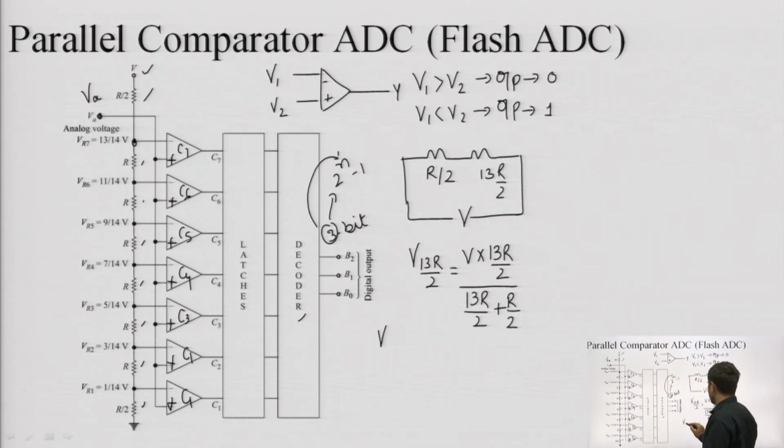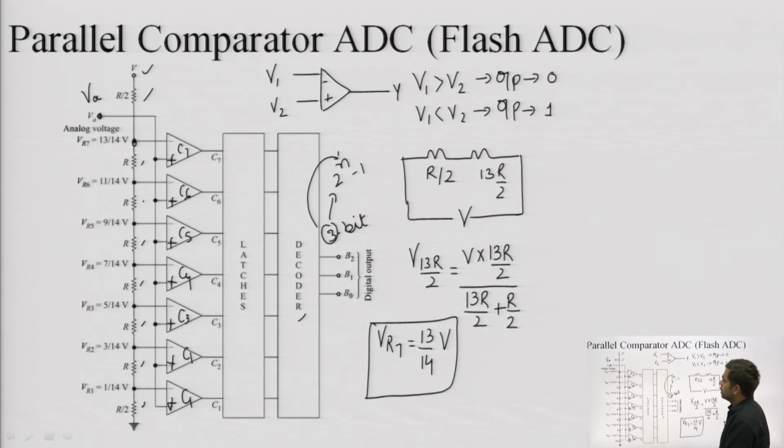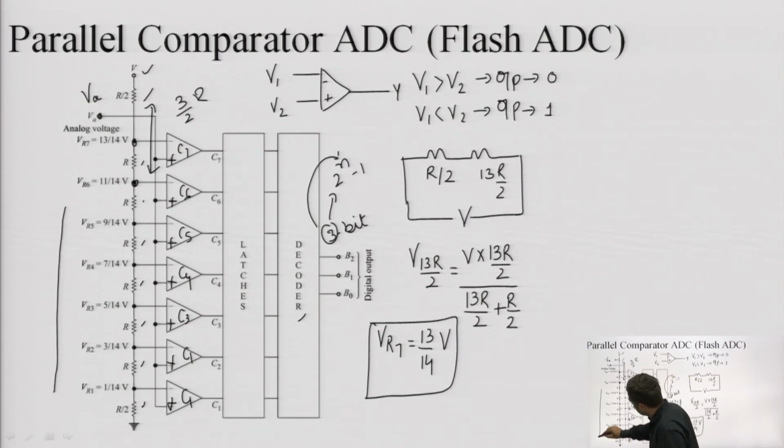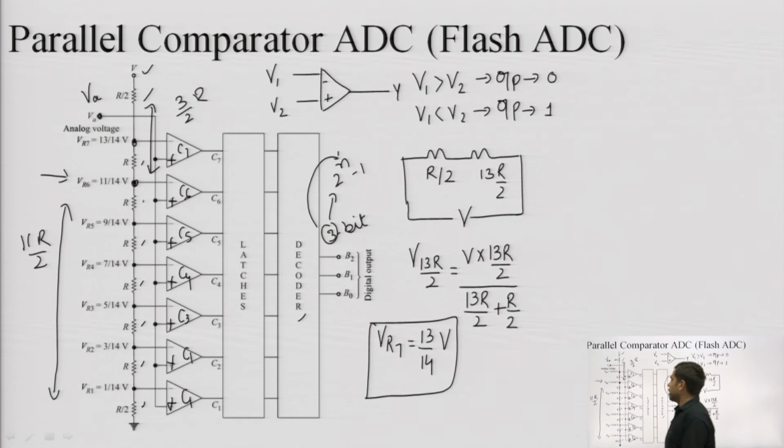Solving this, VR7 is 13/14 V. Similarly, at the next point, the above resistance is 3R/2, and the lower resistance is 5R plus R/2, that is 11R/2. Applying the voltage divider rule, VR6 is 11/14 V. So the pattern is 13/14, 11/14, 9/14, 7/14, 5/14, 3/14 and 1/14.